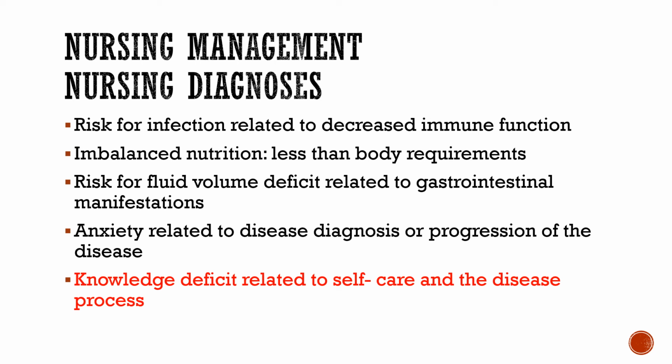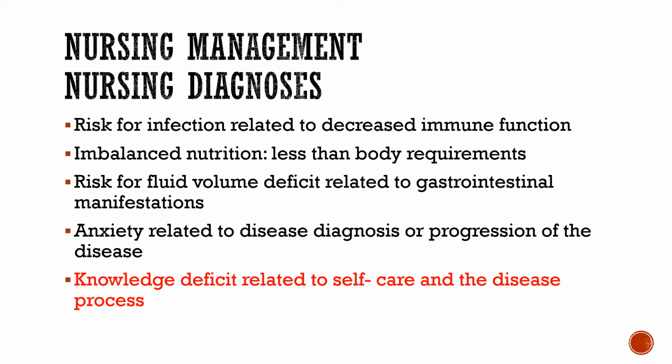They're choosing to use drugs, they want to spend their money on drugs rather than on food. They have no appetite because they're ill. If they are taking medications, that may be taking away their appetite. And so even going through treatment, it may be less than body requirements.